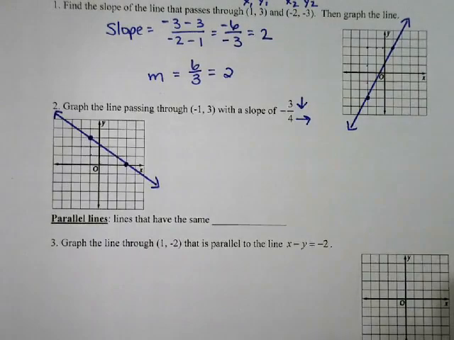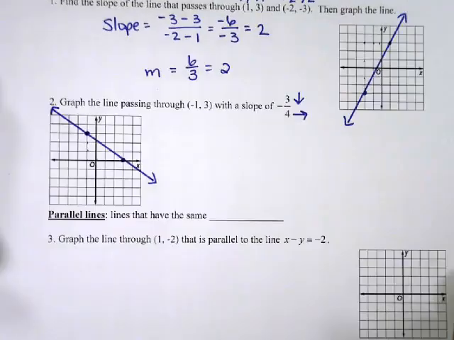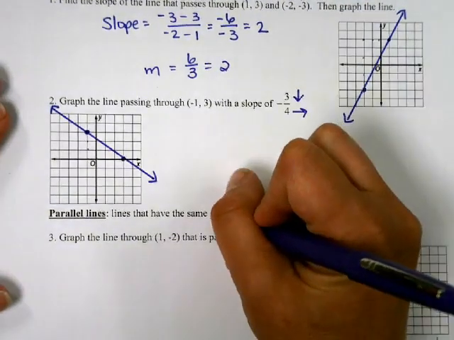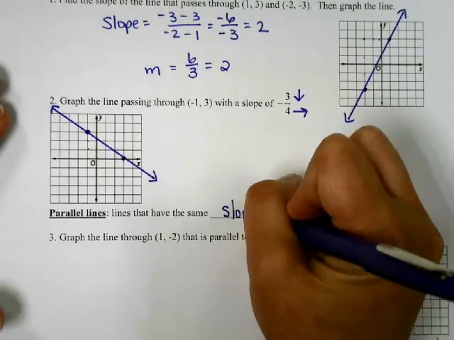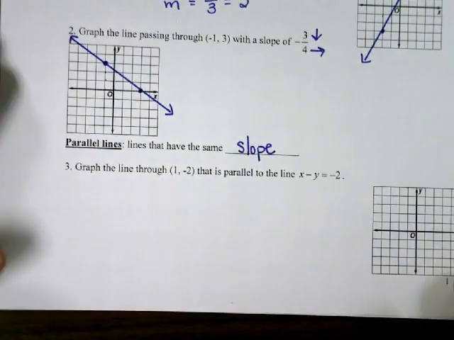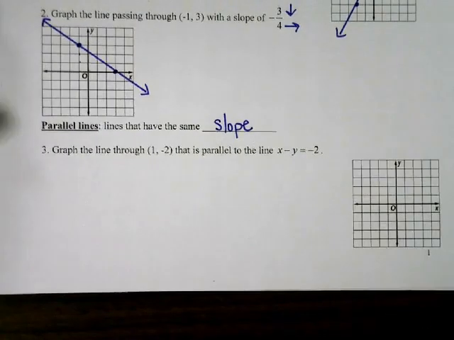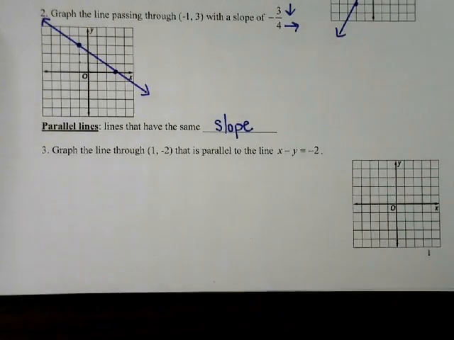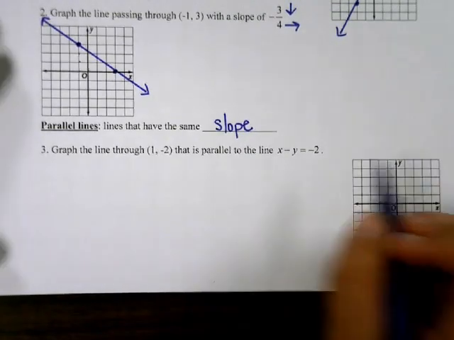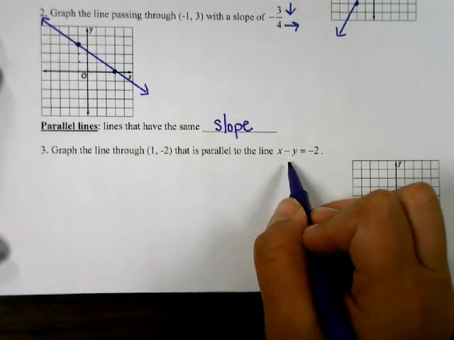Then it says parallel lines. Parallel lines are lines that have the same slope. So number 3 says graph the line through (1, -2) that's parallel to the line x minus y equals -2. We need to find the slope of this line.